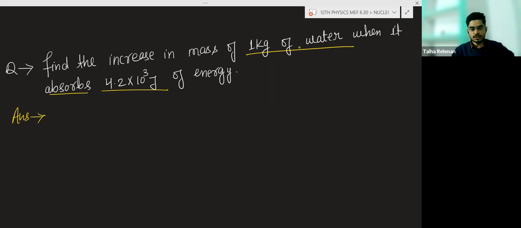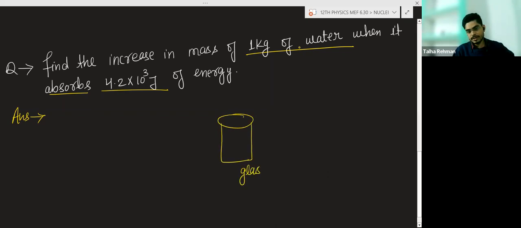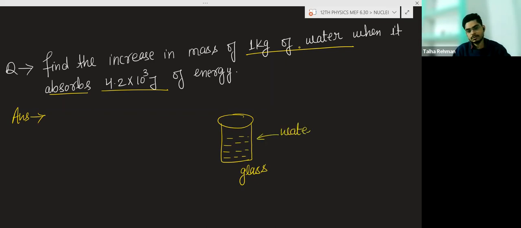Suppose this is a glass, and in this glass 1 kg water is there. Try to focus on what I am saying, try to understand. 1 kg water is there. Now you have given energy of 4.2 into 10 to the power 3 joule.